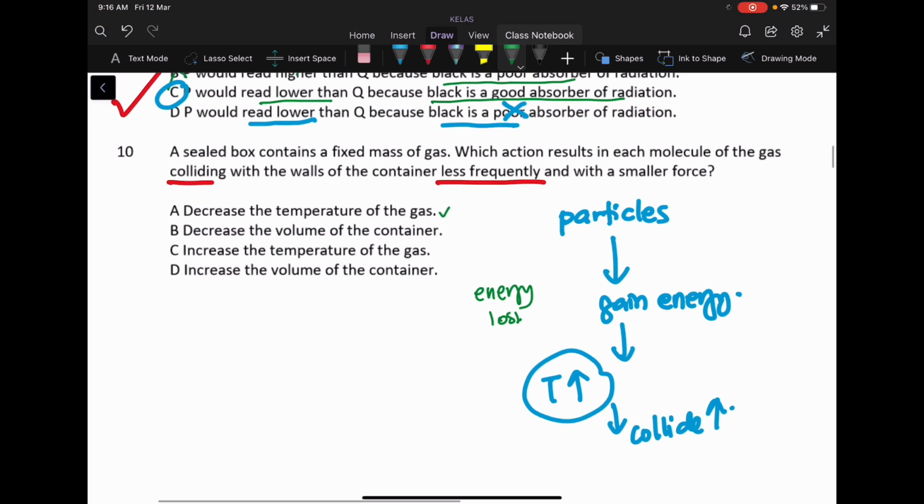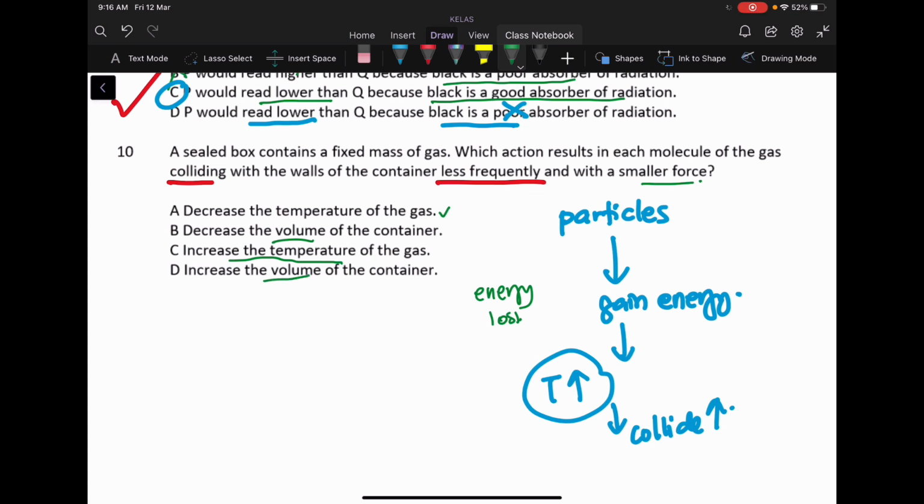Decrease the volume, this one has nothing to do. Decrease the volume of the container. Colliding with the walls. So here smaller force is there. Increase the temperature of the gas. If you increase the temperature, it gains energy and collides more frequently. Increase the volume.